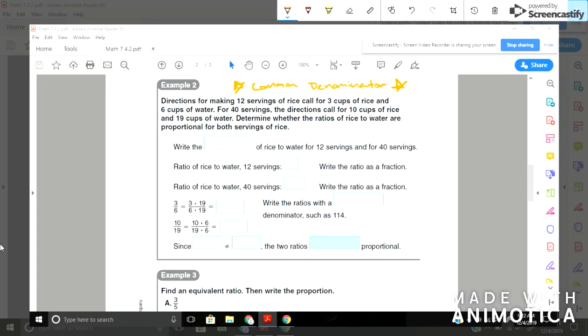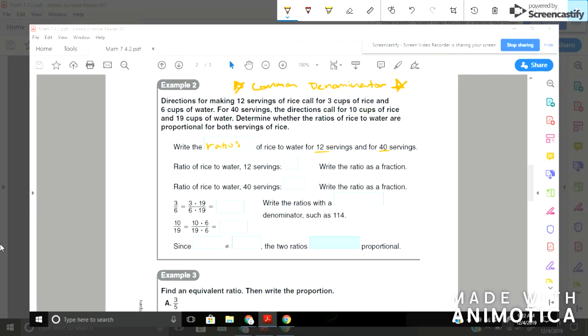So it says directions for making 12 servings of rice calls for 3 cups of rice and 6 cups of water. For 40 servings, wow, that's a lot of rice, the directions call for 10 cups of rice and 19 cups of water. Determine whether the ratio of rice to water are proportional for both servings of rice. Okay, so what we need to do first is write the ratios of rice to water for both 12 servings and for 40 servings.